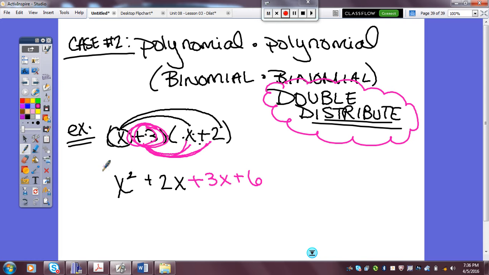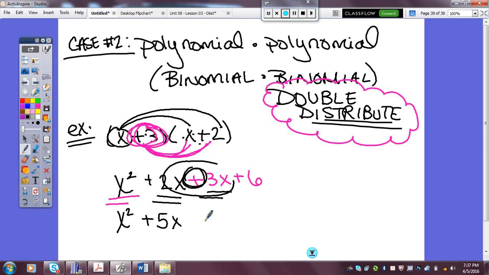If you look at this right now, is there any multiplication signs left? No, they're all addition. So now you have to ask yourself, are any of your terms the same? Can you add x squared with anybody else? No. So, x squared. Now look, 2x and 3x. Can you add those together? Absolutely, you get 5x. Why is it not 5x squared? Because there's an addition sign between them. You're not multiplying, you're adding. And then plus 6. And I'm done.